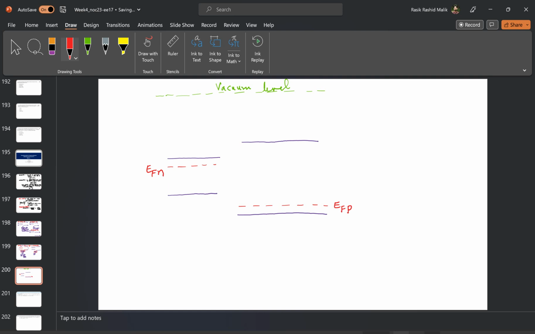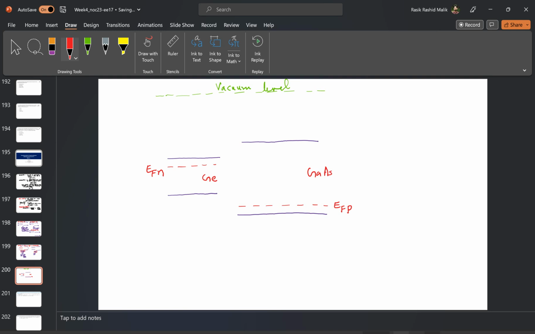Okay, and this is a special case of germanium and gallium arsenide, this type of heterojunction where germanium is the narrower bandgap material and gallium arsenide is the wider bandgap material.